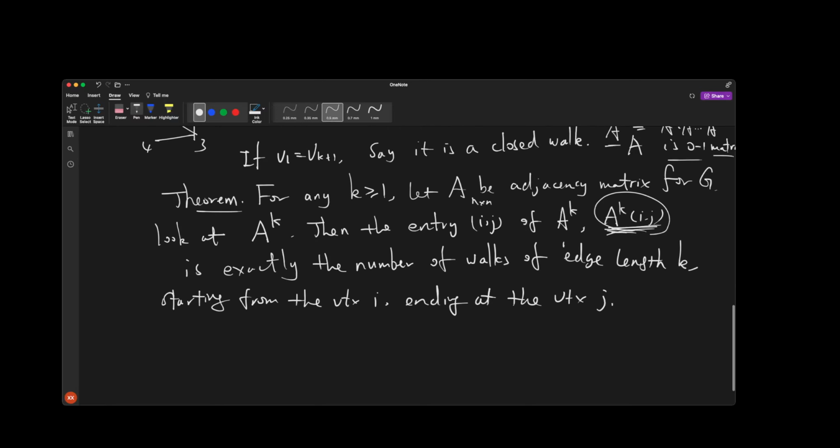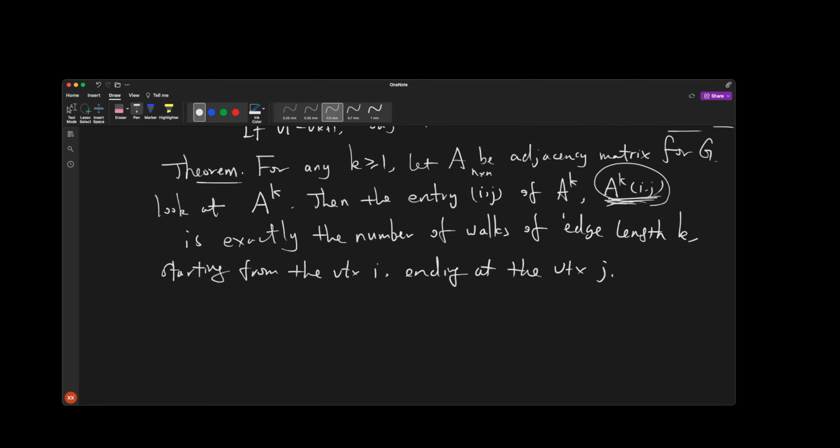So we count the total number of walks starting from the vertex i and ending at the vertex j and of edge length k. Okay, we count how many walks in total satisfy these things.